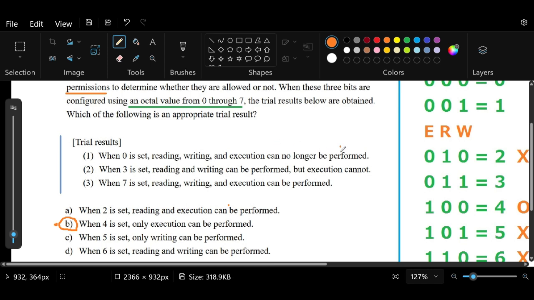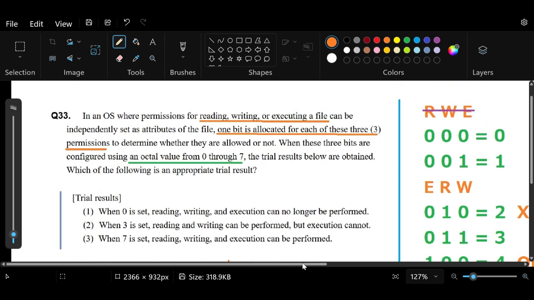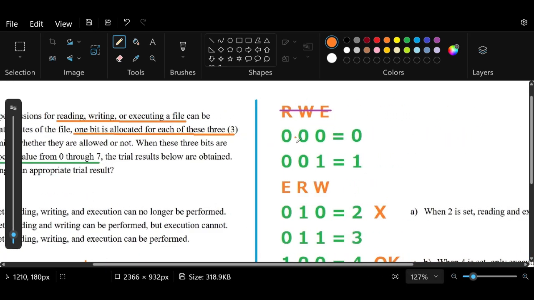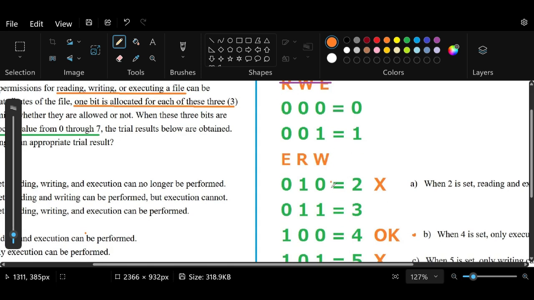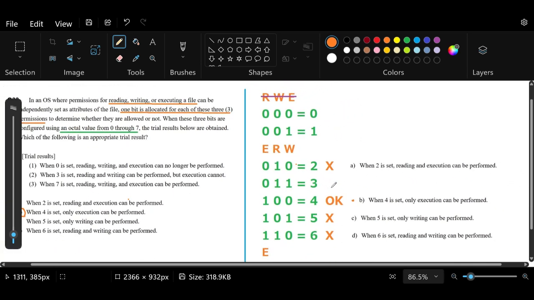And when I said binary counting, what I meant was putting the 3 bits in this way, 0, 0, 0, 0, 0, 1. So we're counting all the possibilities. You can see here that I put all the possibilities and count in this way.